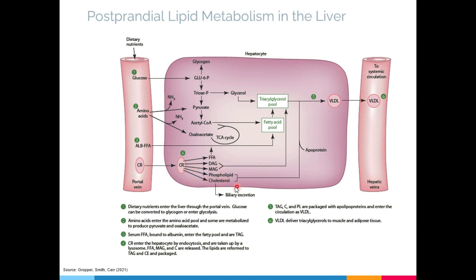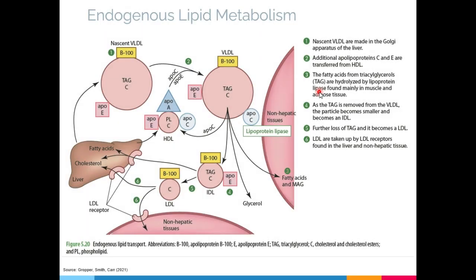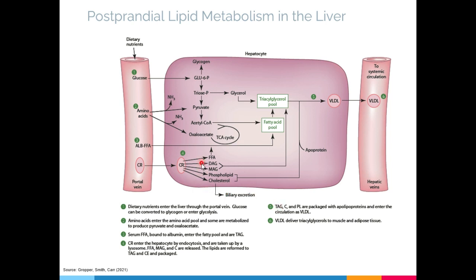It can also be used to produce VLDL, which is the first step of the endogenous lipid metabolism. The small leftover fatty acids and glycerol can be converted to fat.